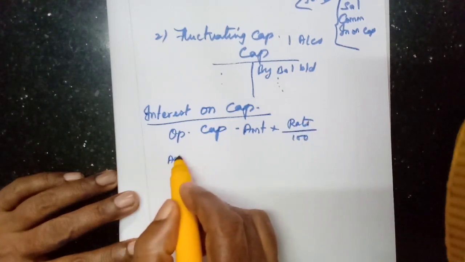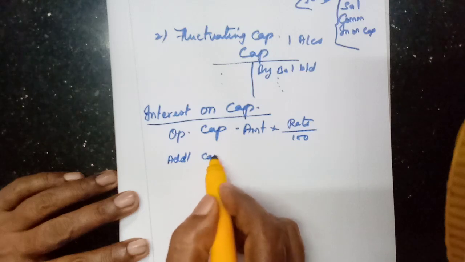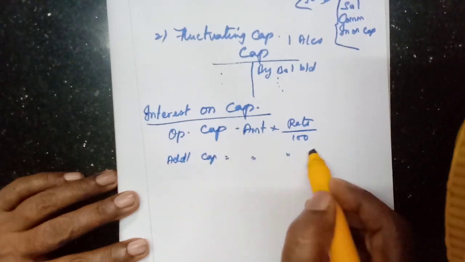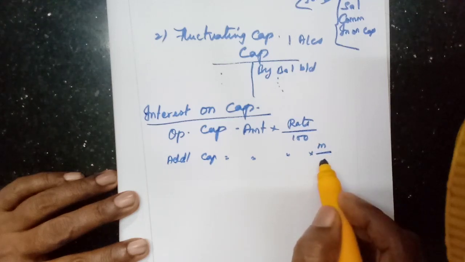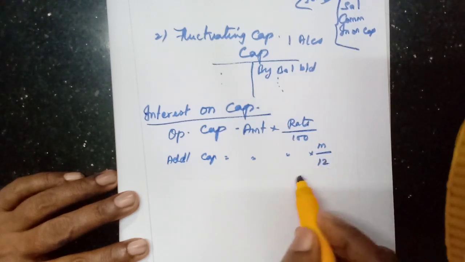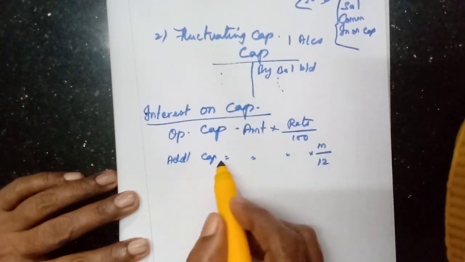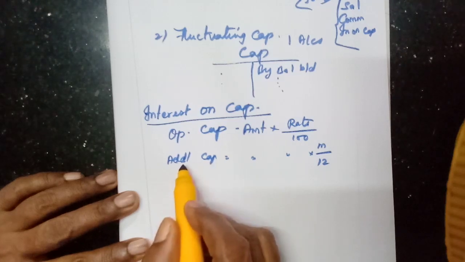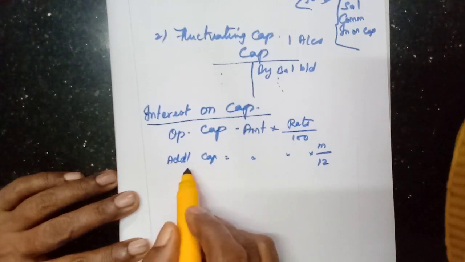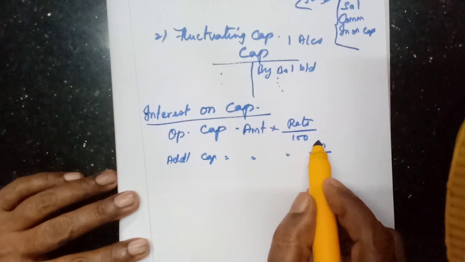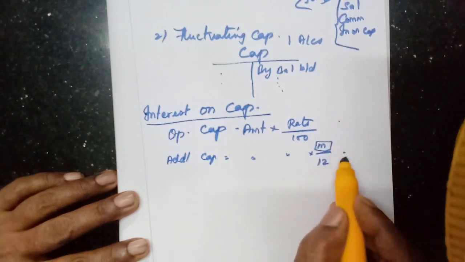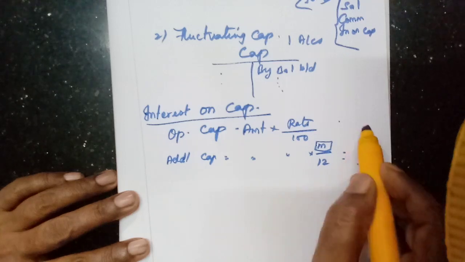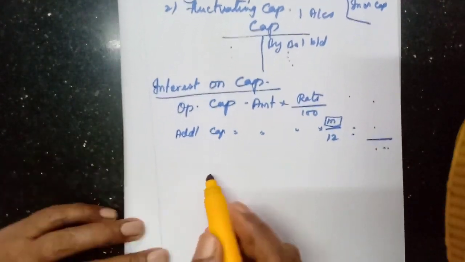But if it is on the additional capital, we must be careful. Amount, rate, and the period, the number of months, by 12. From the date he has introduced that capital, we need to calculate the number of months, then divide by 12. We will add and write. So that is interest on capital.